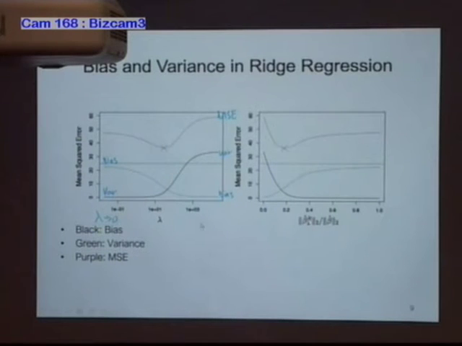That's going to give us the optimal lambda. The mean squared error is out of sample. This is the regression.